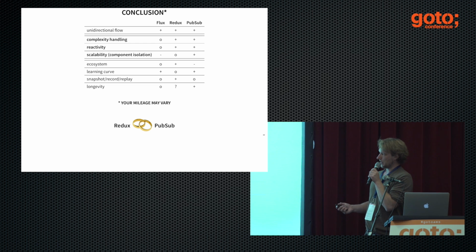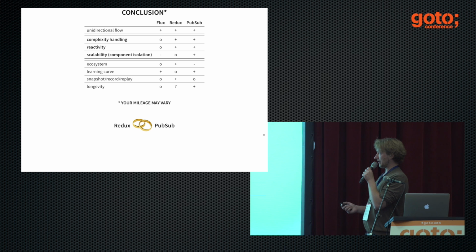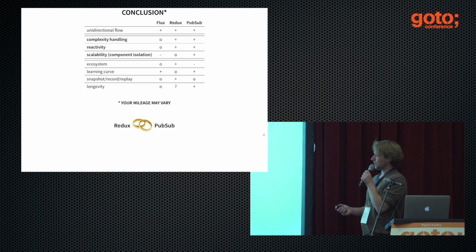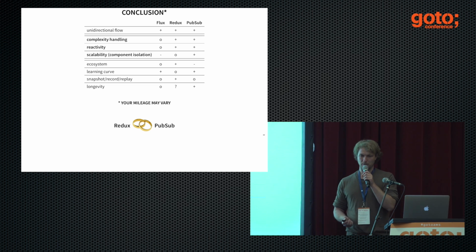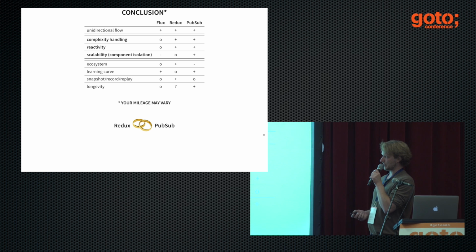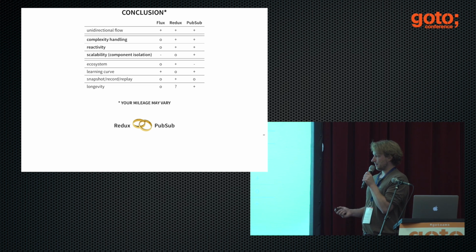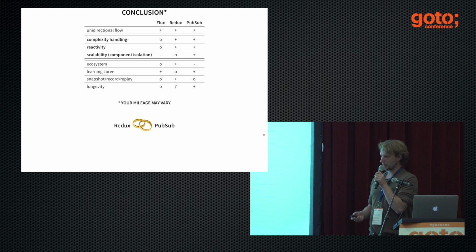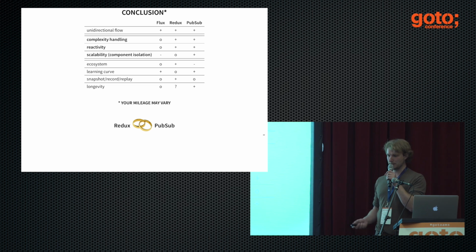We set out 3 main goals that our architecture should solve. And complexity handling, well, maybe if you do Flux right, it'll also work, but you also always have this problem with the mutable state. The reactivity, yeah, also depends how you use Flux, but as I said, the action creation and dispatching them hurts a bit.